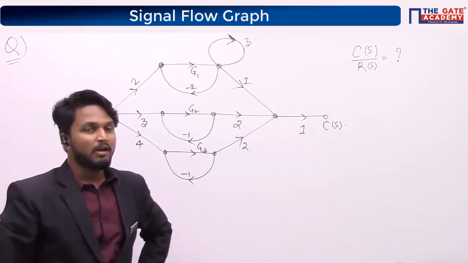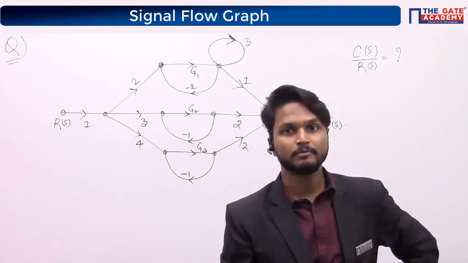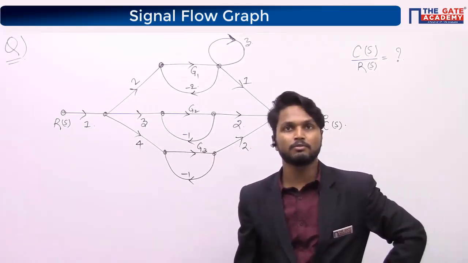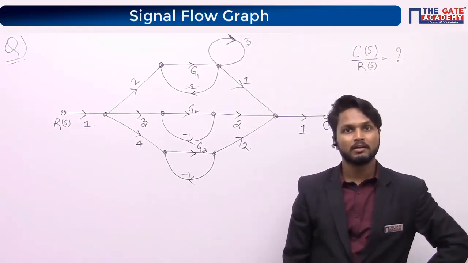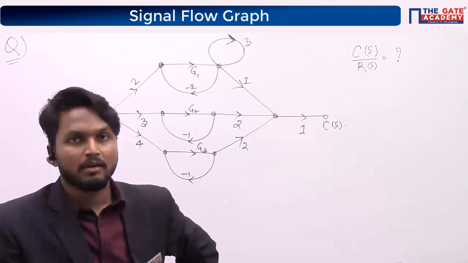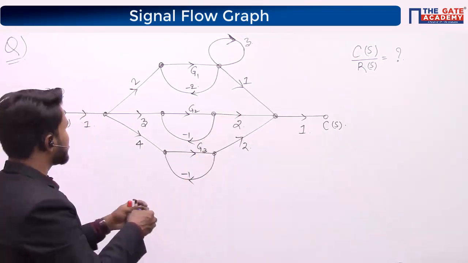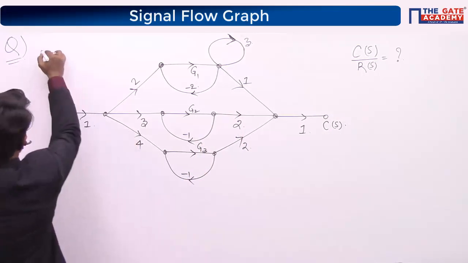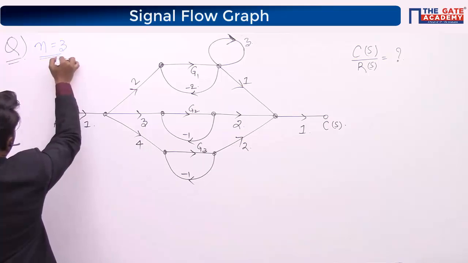So tell me, how many forward paths do we have in the signal flow graph? Yes, we have 3 forward paths. You can clearly see the 3 forward paths. You can say n is equal to 3, where n is the number of forward paths.